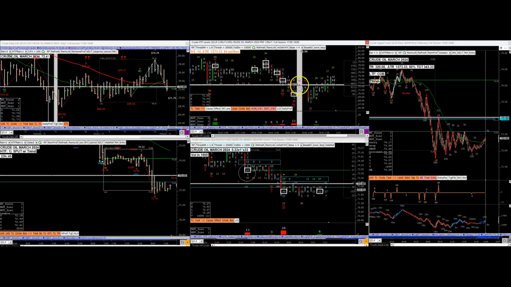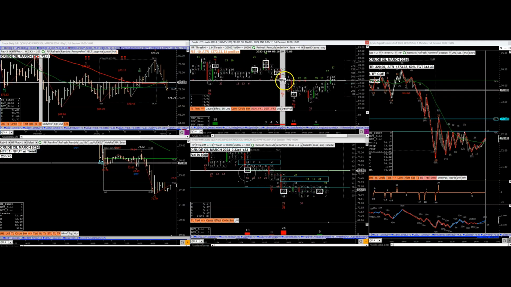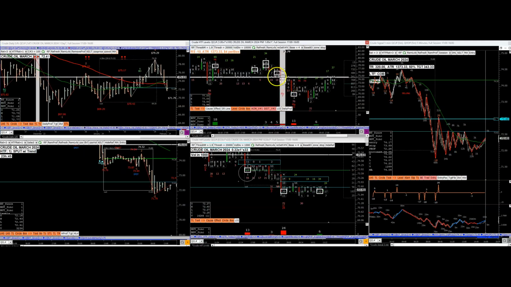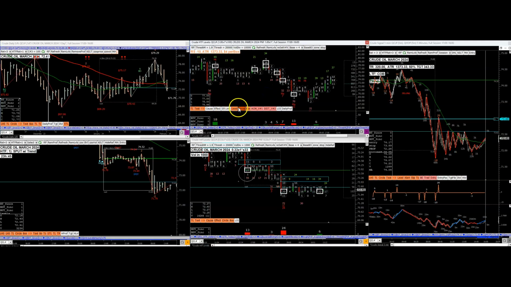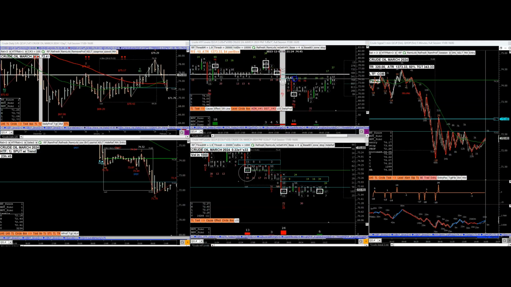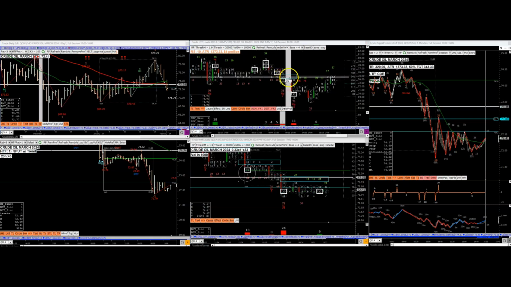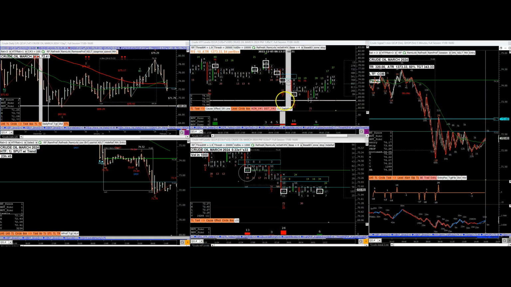Market went to 13, pulled back, tested at the 7, near the 7 and 13 here. Where the box, right? Test, break.